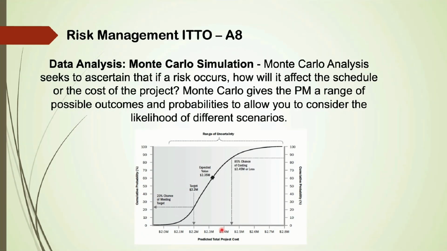Answer: Data analysis, or maybe an example is Monte Carlo simulation. Monte Carlo analysis seeks to ascertain that if a risk occurs, how it will affect the schedule or the cost of the project. Monte Carlo gives the project manager a range of possible outcomes and probabilities to allow the project manager to consider the likelihood of different scenarios.